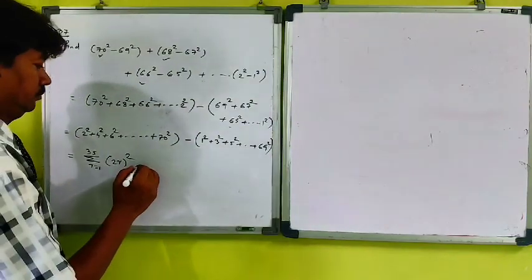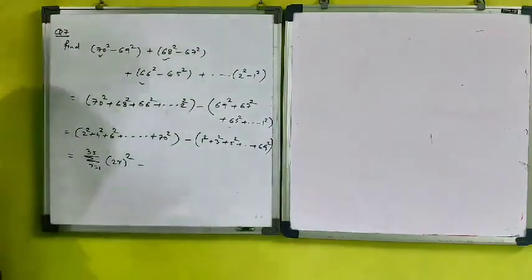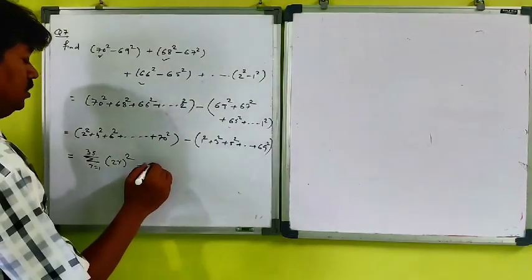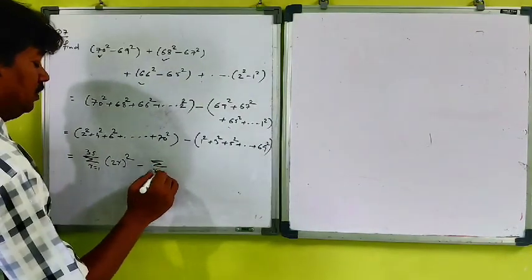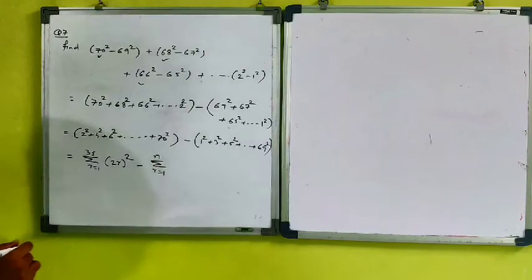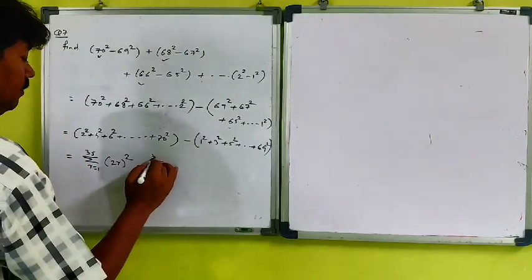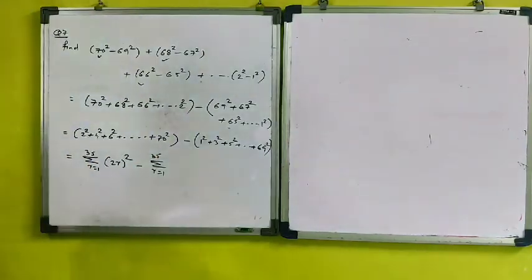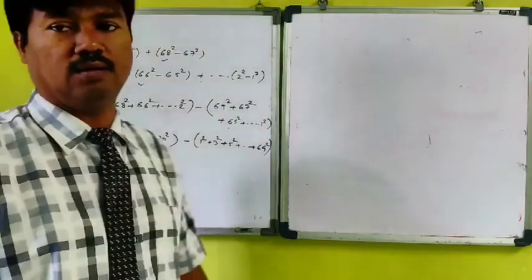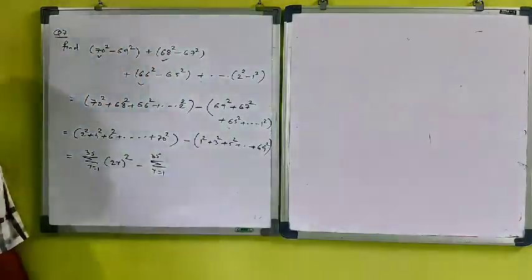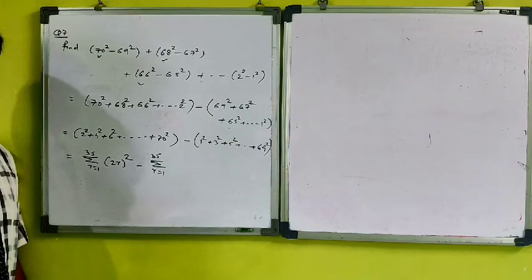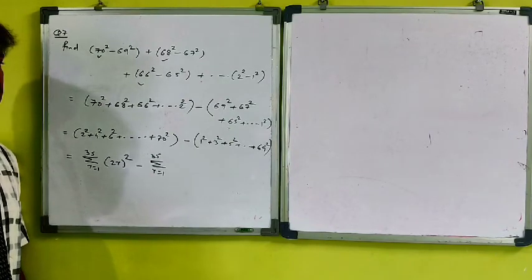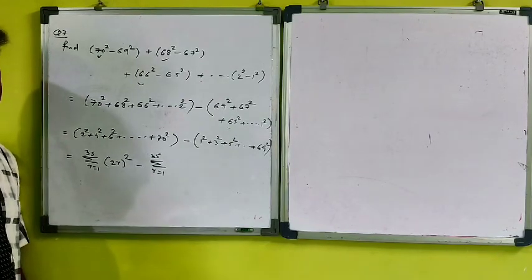So it is sigma r from 1 to n, which is 35 again here, 2r minus 1, 2r plus 1. That is the possibility of the even number. So substitute 2r minus 1 here.